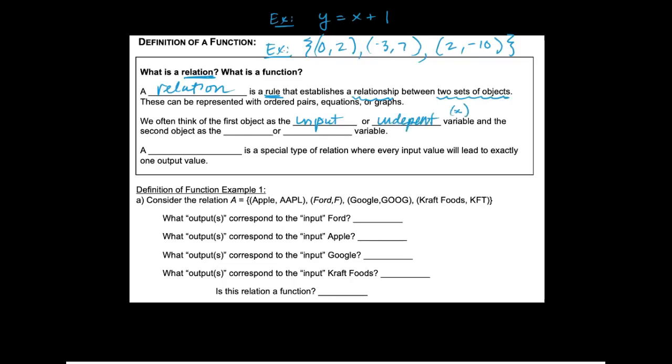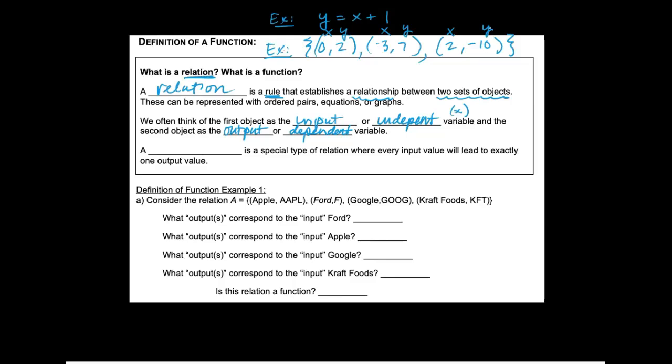So again, oftentimes that's considered what we think of as x, and x is also that first number in the ordered pair. And then the second object as the output or the dependent variable. So the y is the second number in the ordered pair.